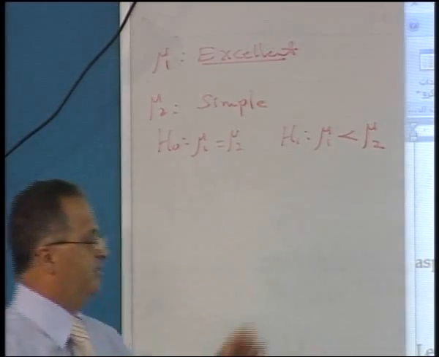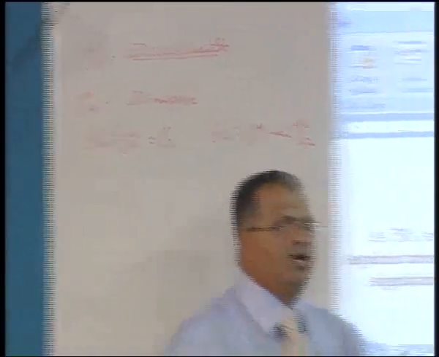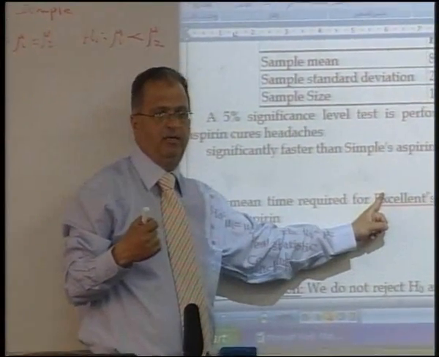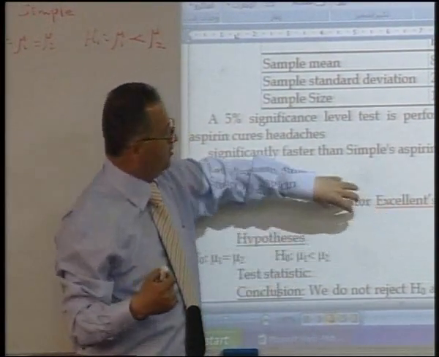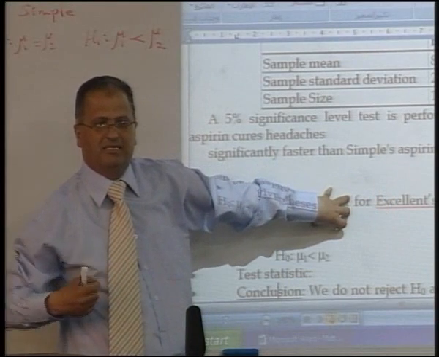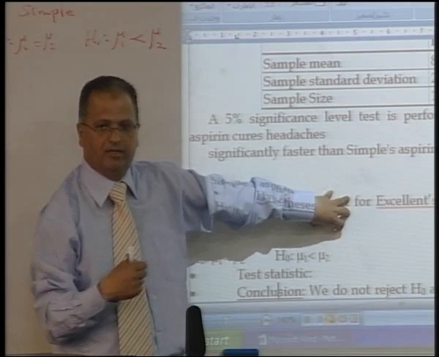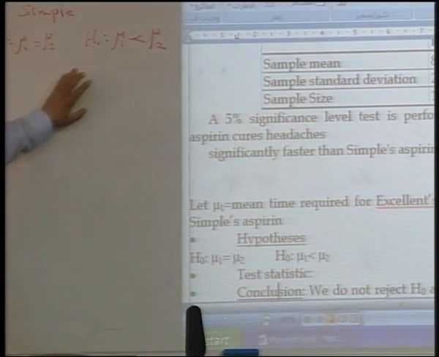Since mu1 represents the time required to relieve headache by using Excellent aspirin, and this one is faster. Faster means it takes less time to recover from headache. So mu1 should be smaller than mu2.